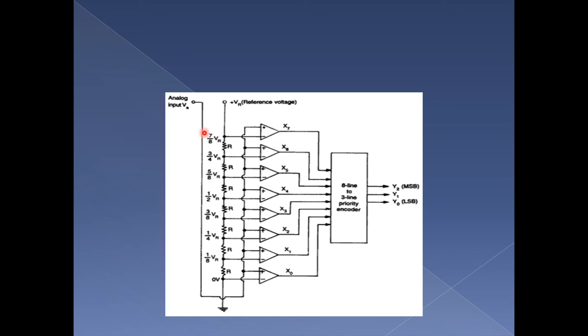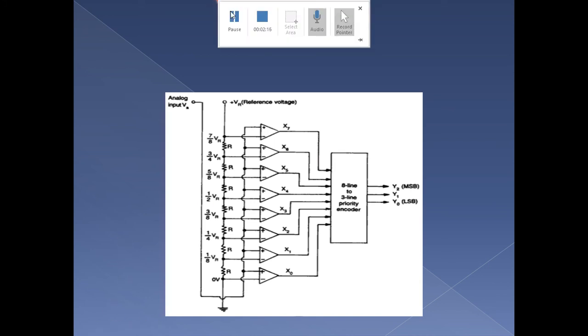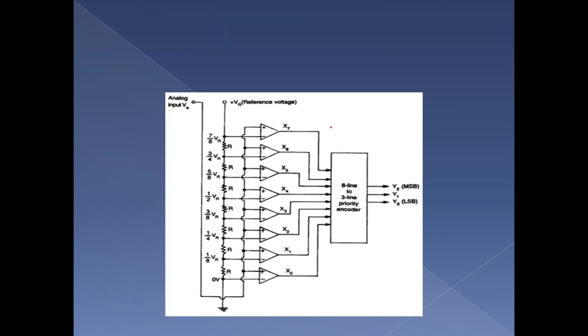So the logic behind the flash type AD converter is: if the input voltage VA is greater than the reference voltage VR, then the logic output X will be 1.